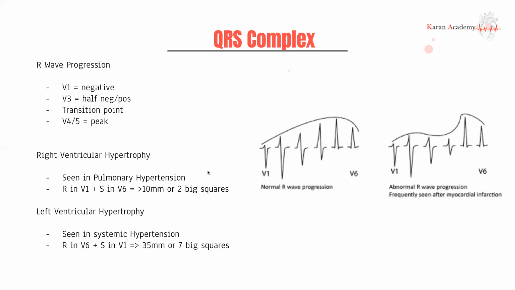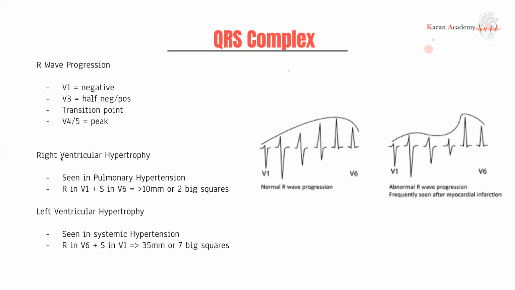And therefore, we add both of them up to have the criteria for left ventricular hypertrophy. There are quite a few criteria, but the one you need to know is R in V6 plus S in V1: if it is 35 mm or greater, or bigger than 7 big squares, that is left ventricular hypertrophy.